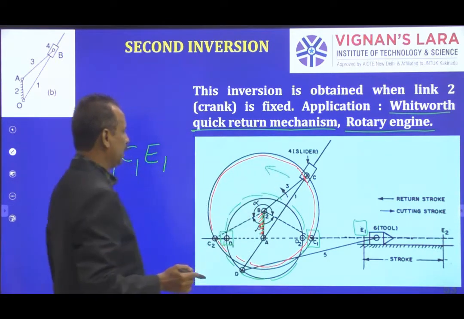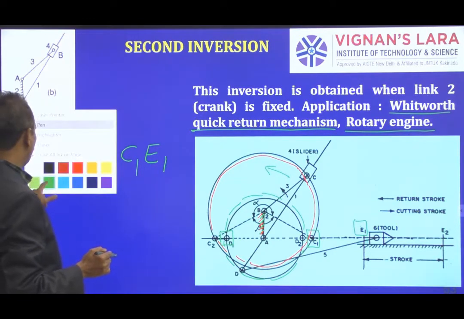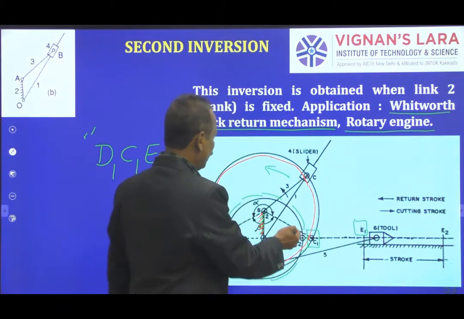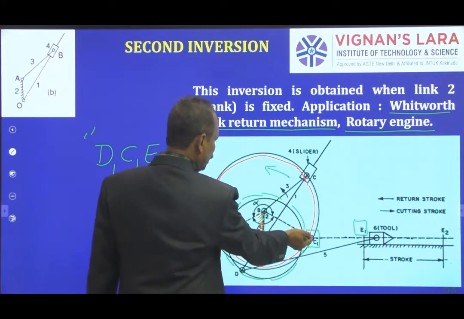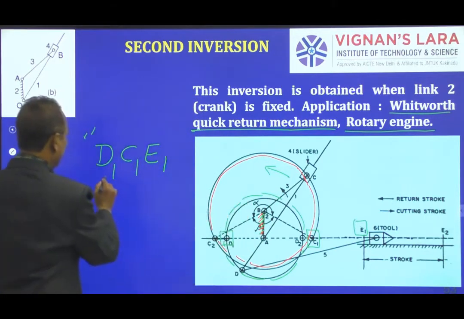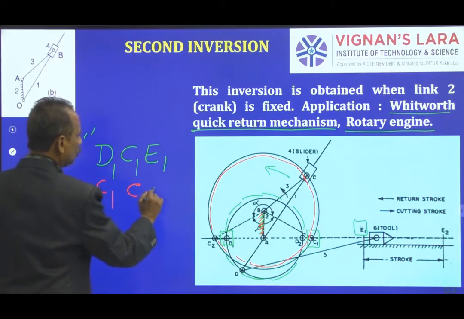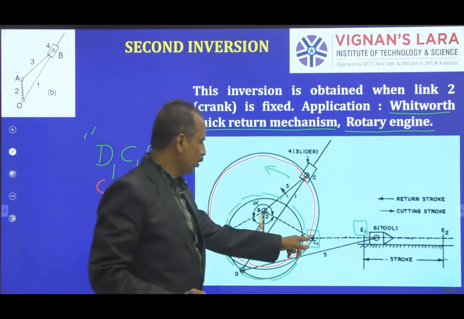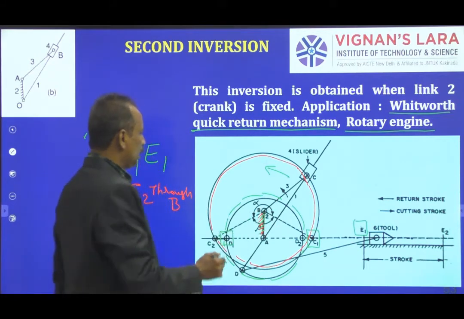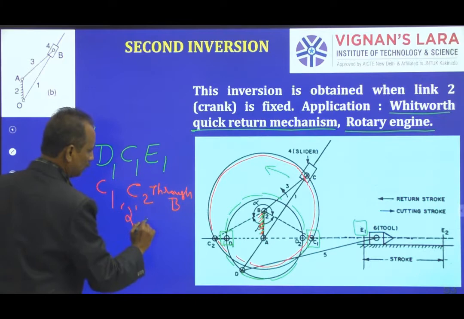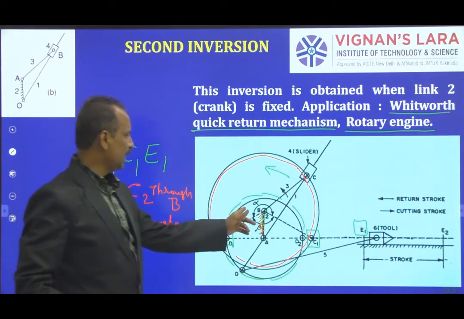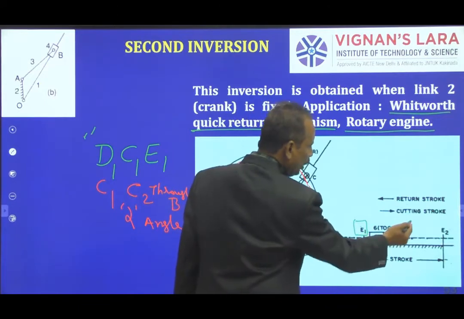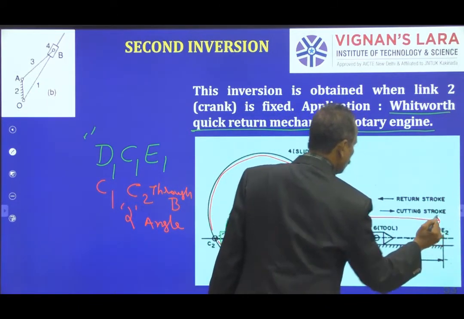When I rotate it anti-clockwise, I move this path such that it moves from C1 to C2 via B. C1 to C2 through B makes an angle alpha at B. At that time your tool is moving from E1 to E2.